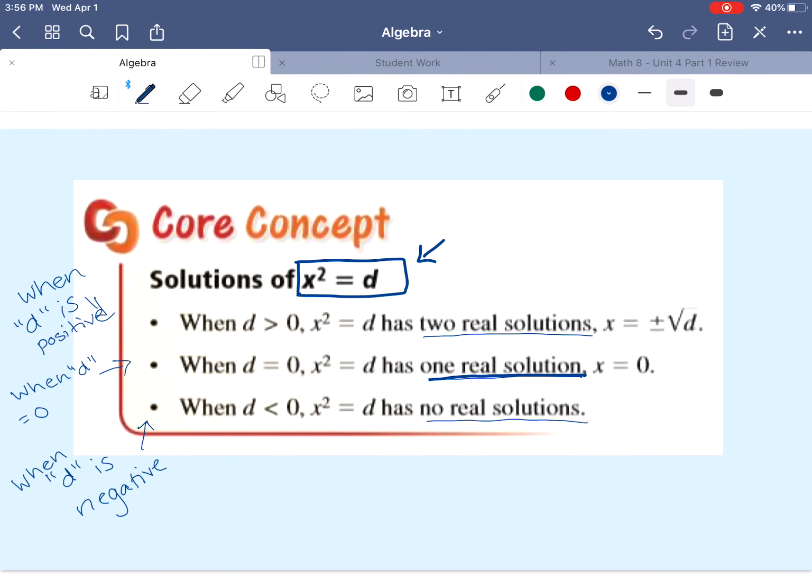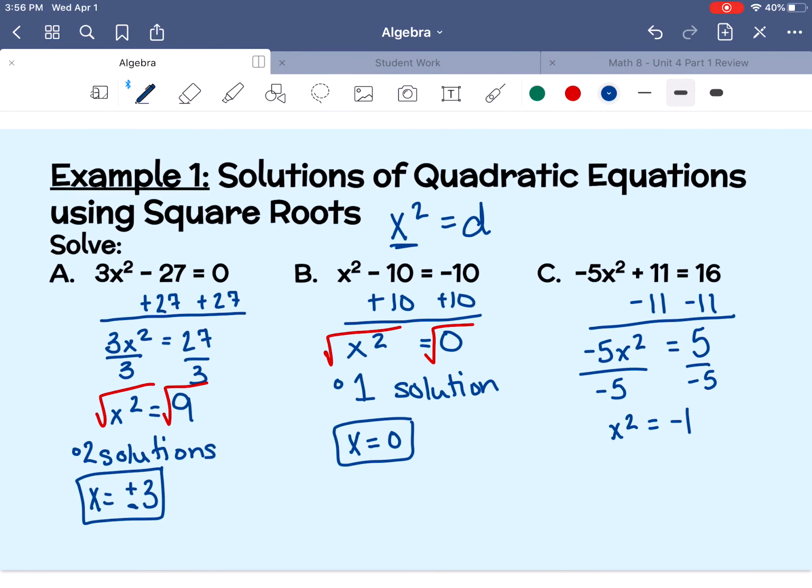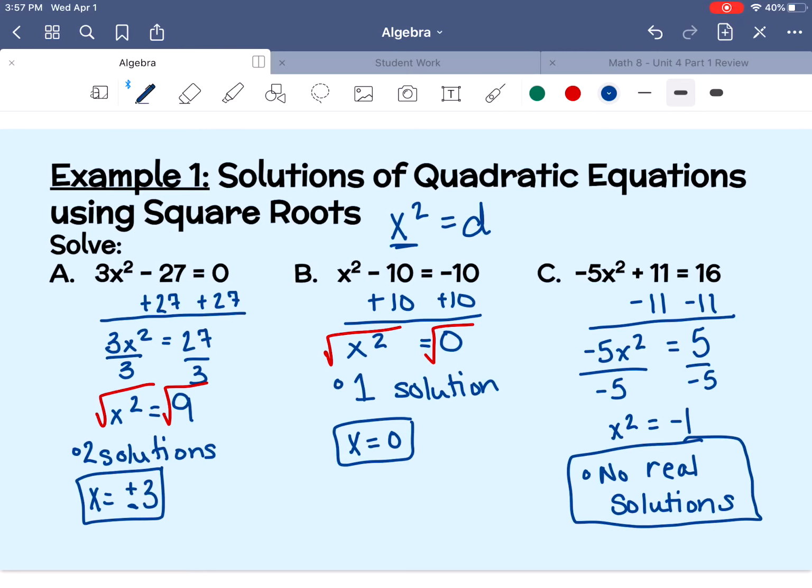So a reminder over here, when d is negative, there are no real solutions. Our d value is negative, so no real solutions. There are imaginary solutions, by the way, but we're not talking about that here.